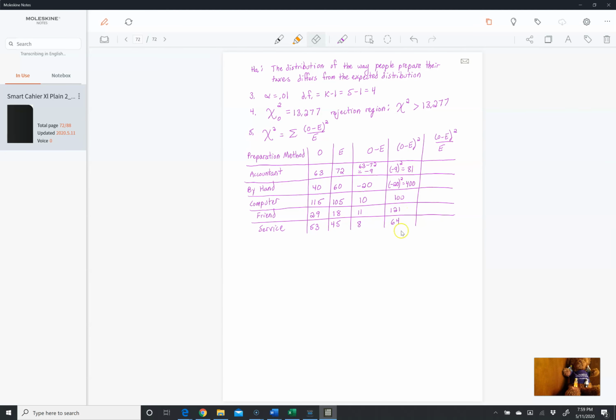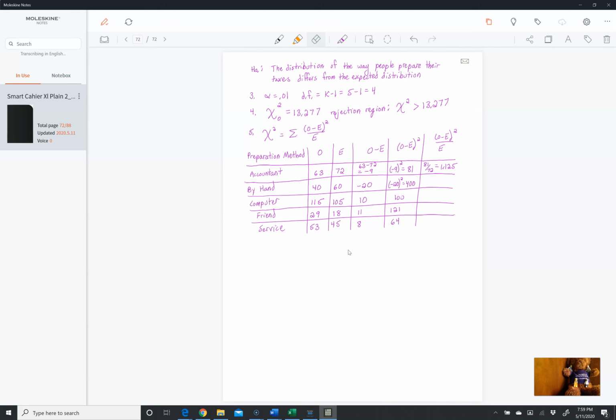Now we're going to take the O minus E squared column and we're going to divide it by the E. So this would be 81 over 72. Don't round too much, okay? Go to the third decimal place here. We get 1.125.